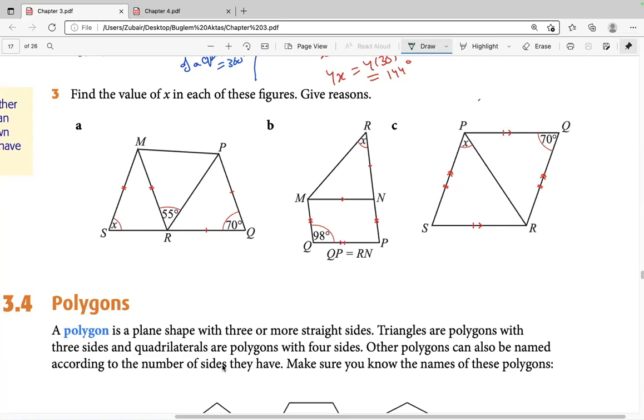We don't know yet. Once we have those values, we can decide later. Or maybe there is not enough information to find angle RMP and RPM.